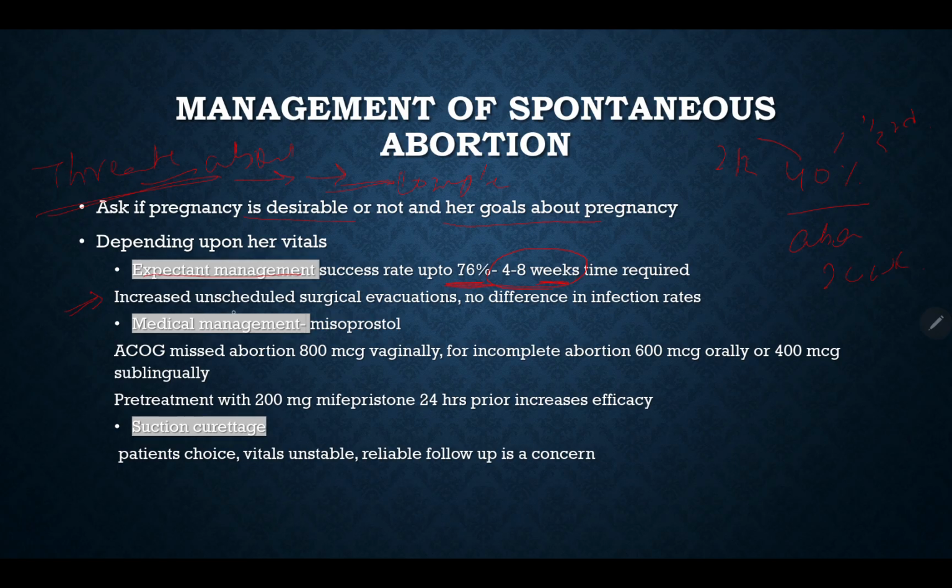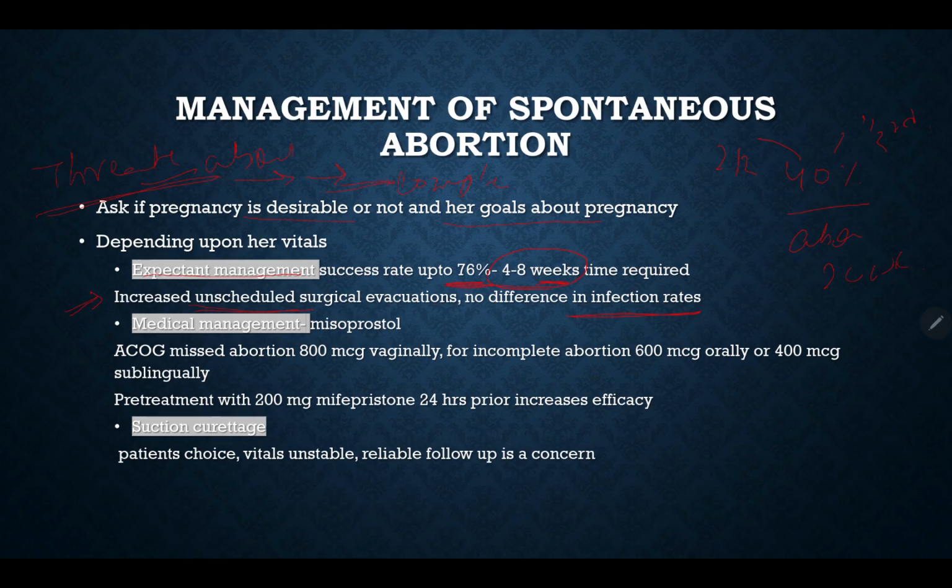There are increased unscheduled surgical evacuations. Sometimes a woman happens to bleed at midnight and then she rushes to the hospital. So the chances of unscheduled surgical evacuation increase, but infection rate chances are not increased. This is important to understand.